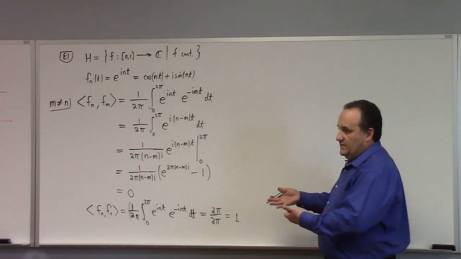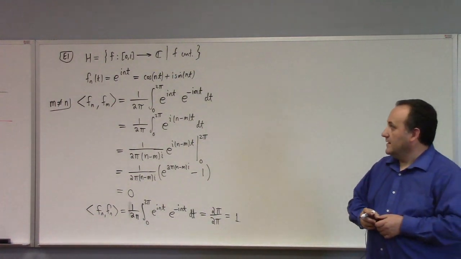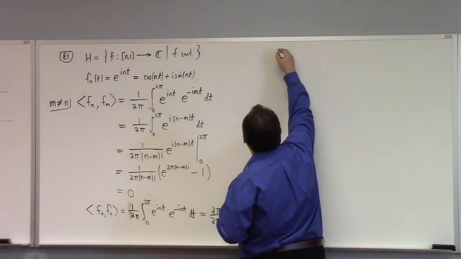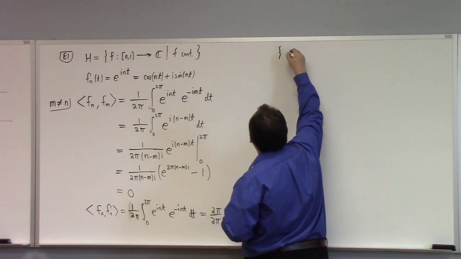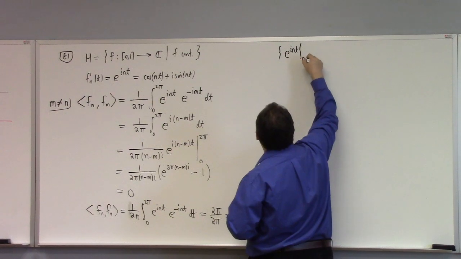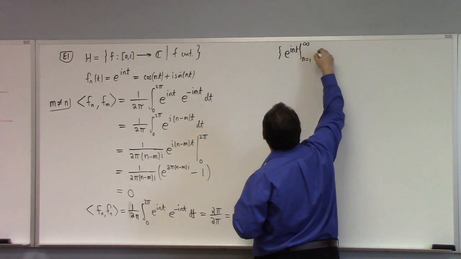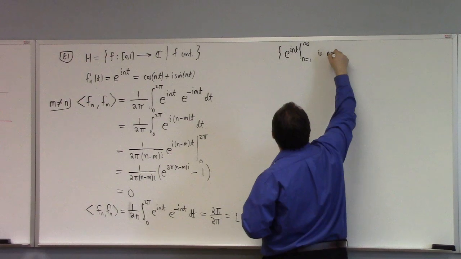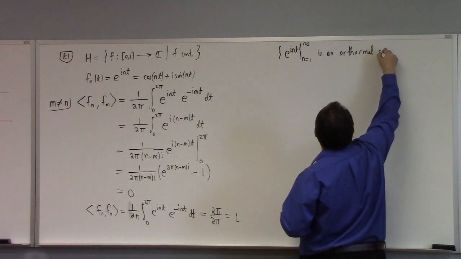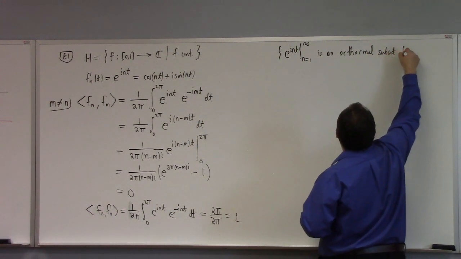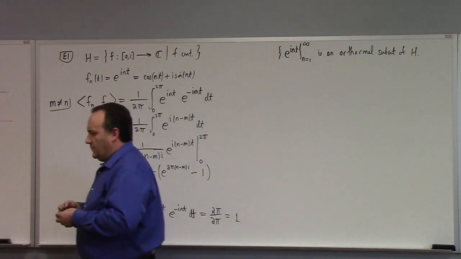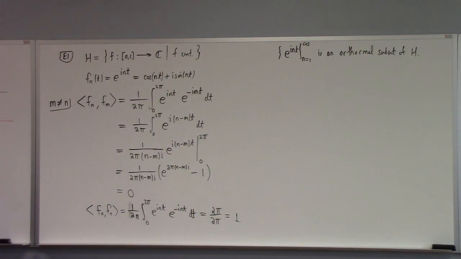So this calculation shows you that apparently the subset e to the int, such that n equals 1 to infinity, is an orthonormal subset of H. We will shortly argue that orthonormality gives us linear independence.